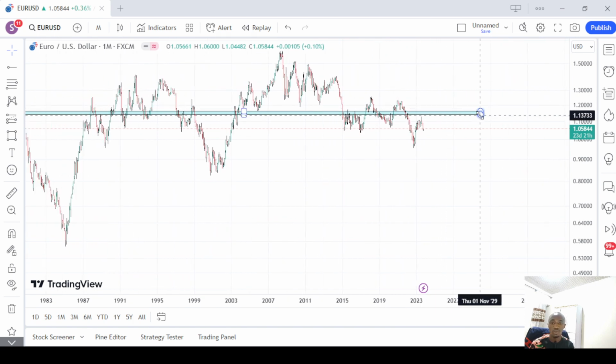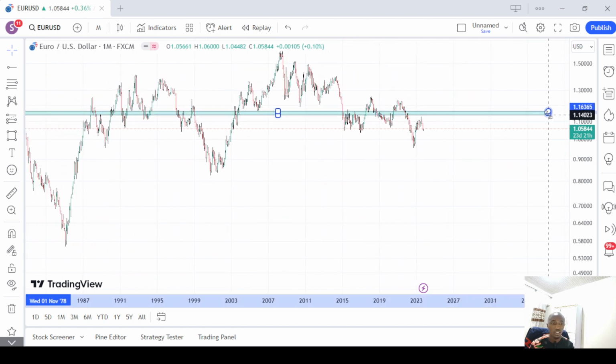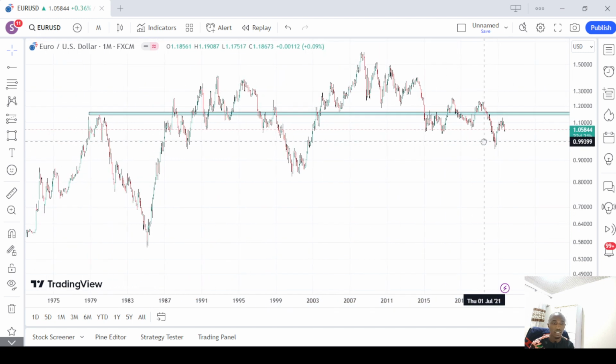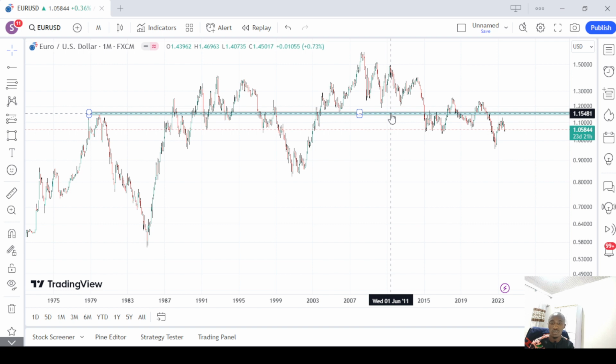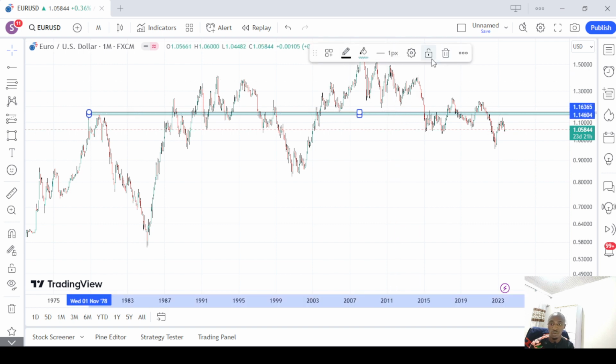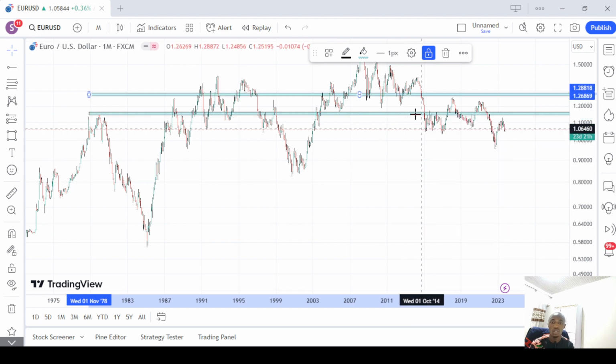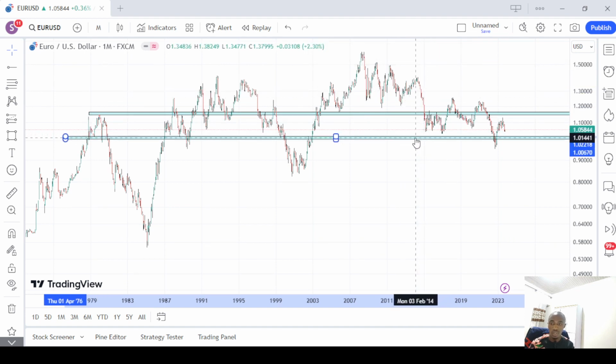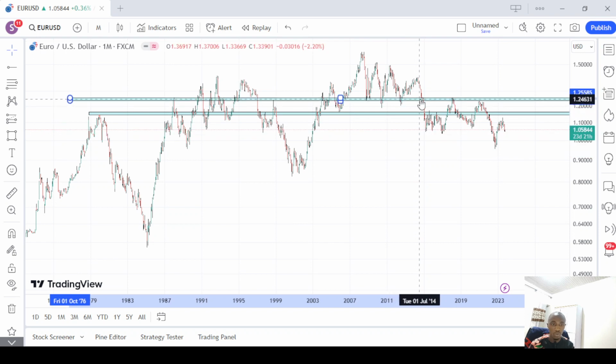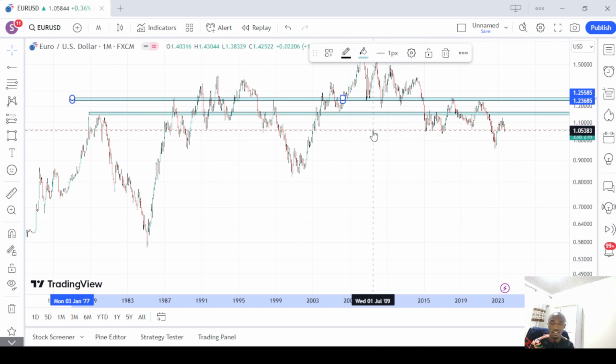I'll be drawing the first one here, and I lock it, then I clone, then I unlock the one that is cloned, then I come up, I look out for the next.